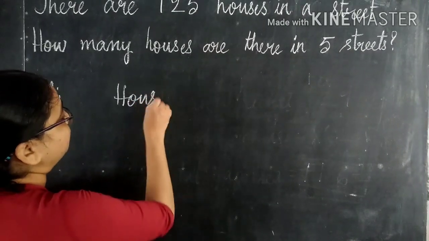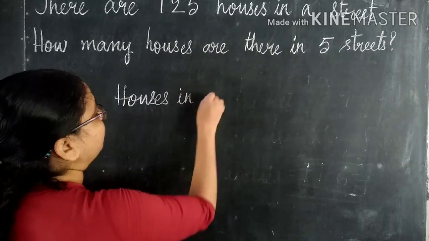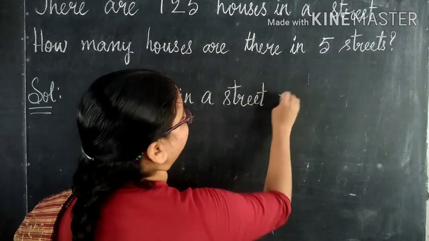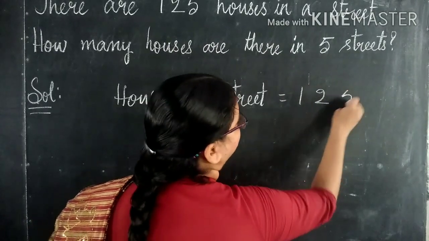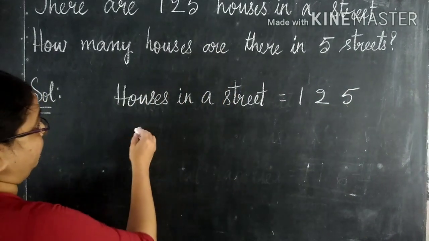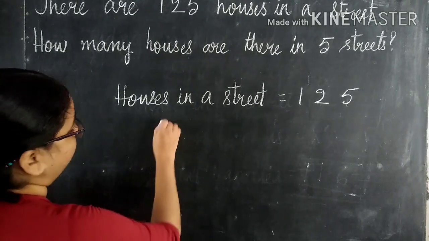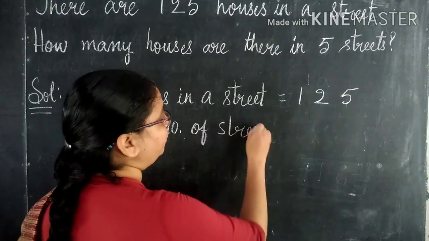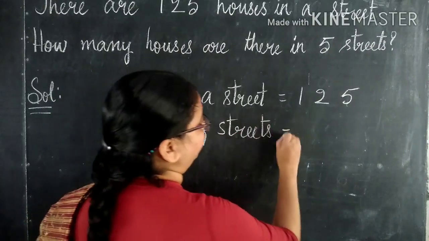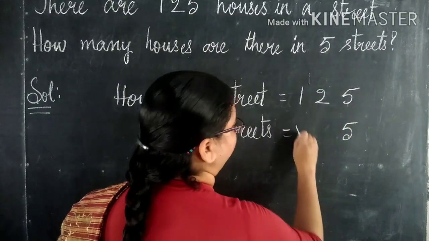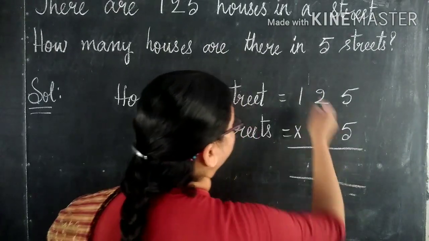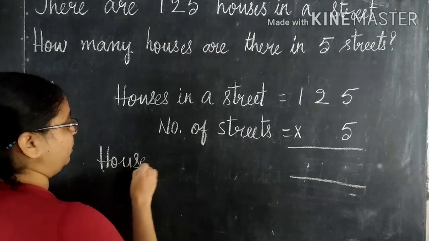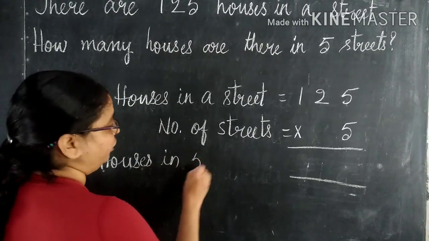Houses in a street. How many? 125. Number of streets. How many do they give? Number of streets? 5. Okay, 5. What do you have to find out? Houses in 5 streets.